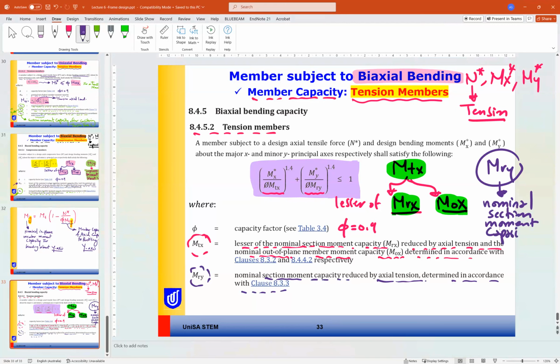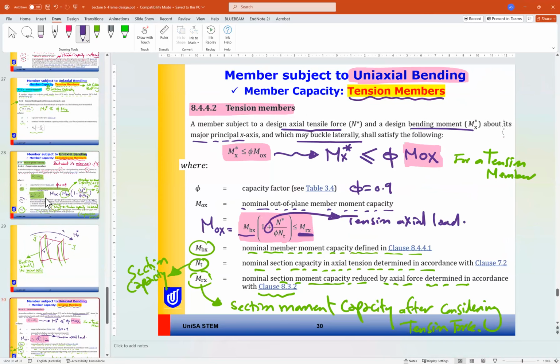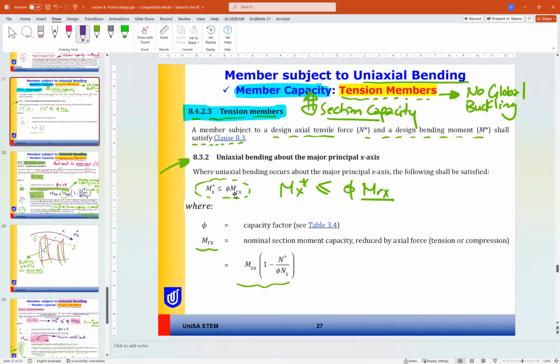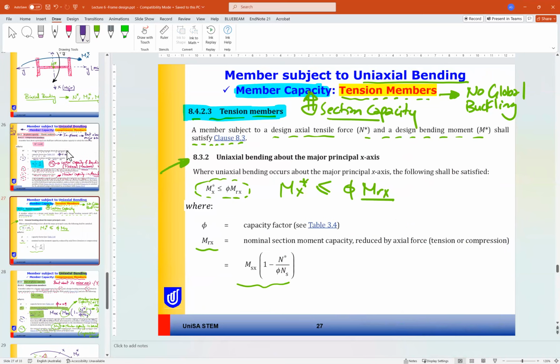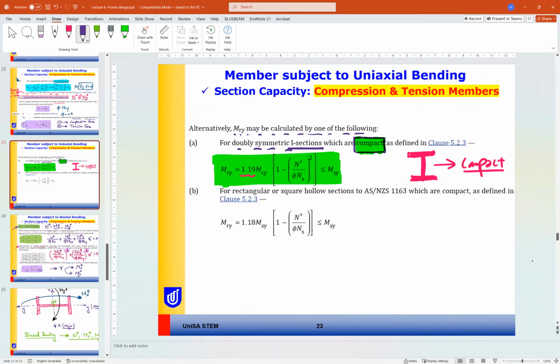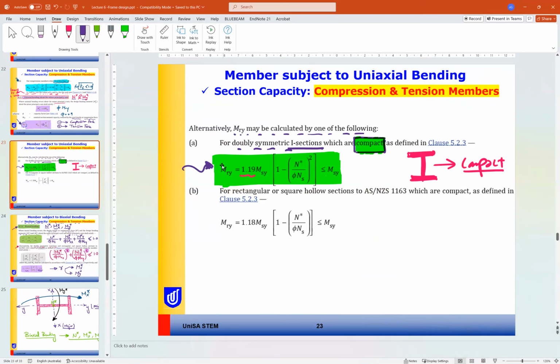If we go up to 8.3.3, here is MRY. So MRY can be found using this formula or this formula here.